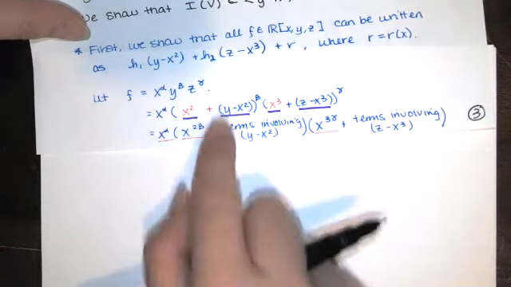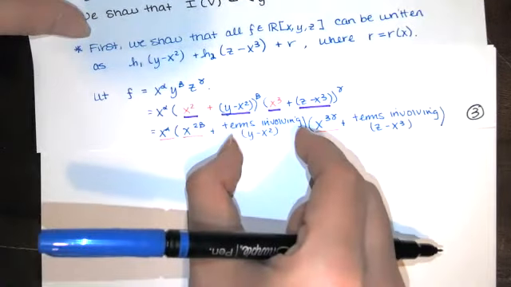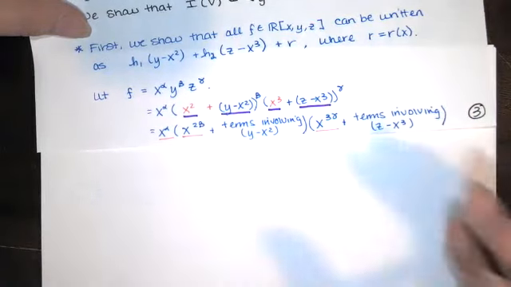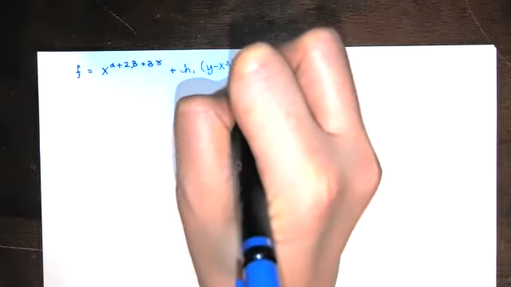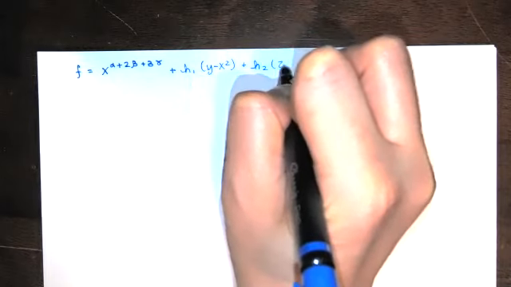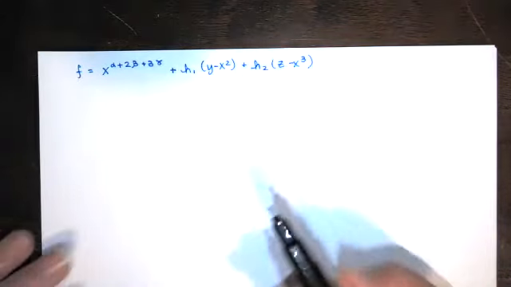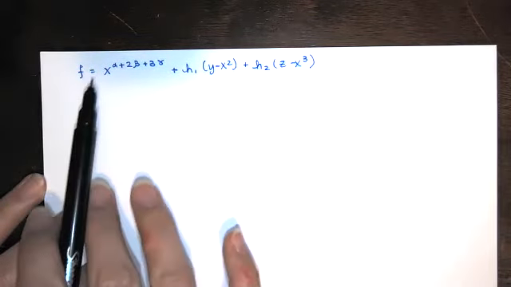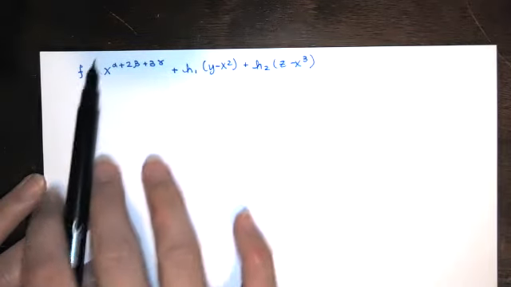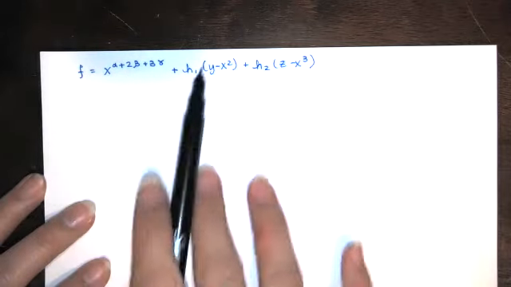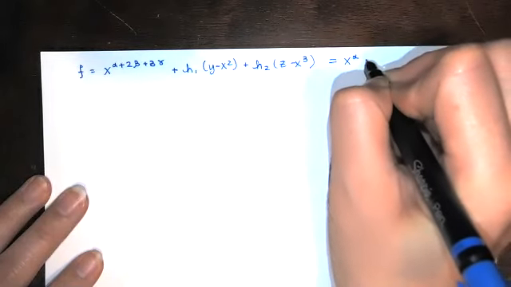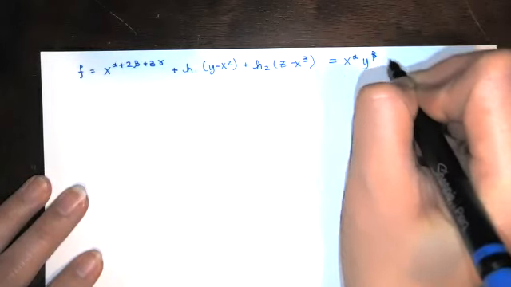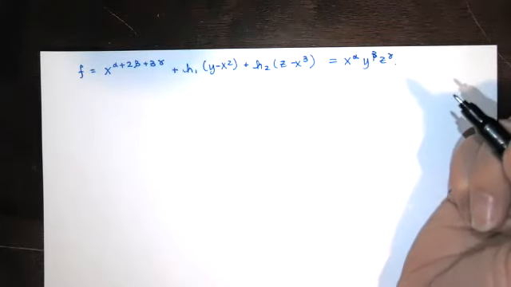Well, we're going to have this times all of those, and then we're going to take that times all of those, and we're going to distribute to all of these guys over here. So what we will end up with if we did that expansion is some function of x and y times y minus x squared plus some function of x and y times z minus x cubed. So we've got just x to some power plus this, and this is where f is actually just a generic monomial that started as x to the alpha, y to the beta, and z to the gamma.